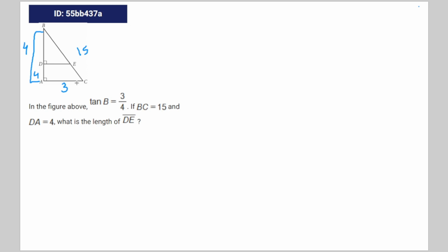Since we don't know the exact value, we're going to use a scaling factor in this situation, k. Then to find the value of k, we're going to use the Pythagorean theorem. That's going to be 4k squared plus 3k squared, remember the parentheses, very important, is equal to 15 squared.